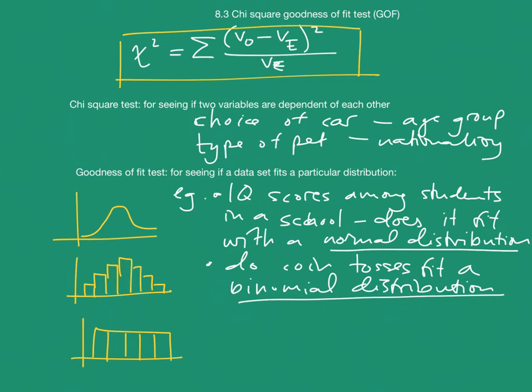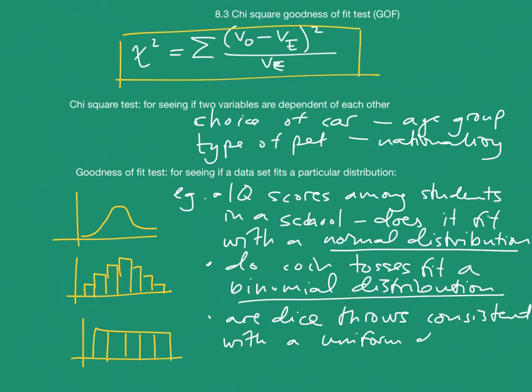So for example, the third example here could be, are dice throws consistent with a uniform distribution? For example, if you want to check if a die that you have is fair, you could throw it lots and lots of times, and you will get a certain amount of results for each value.